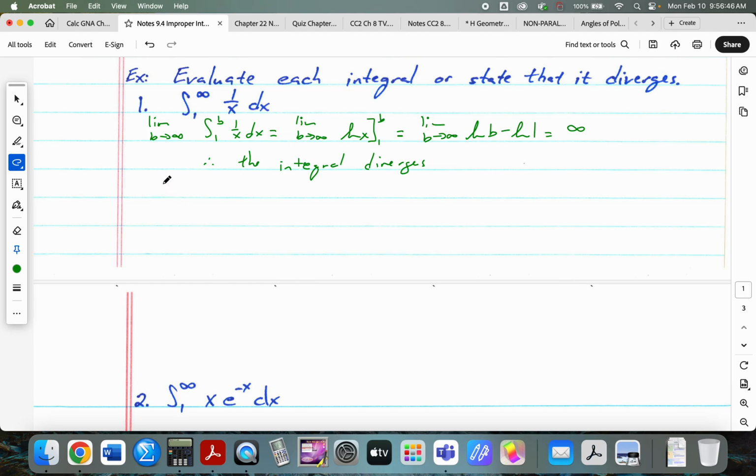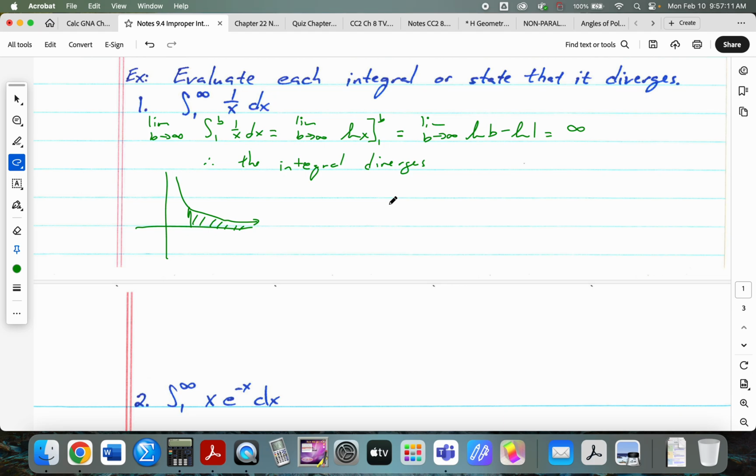And what's happening here is if we look at the graph of y equals 1 over x, it looks like this, and we're starting here at 1. Basically what's happening is, although that graph is getting smaller and smaller, it's not getting smaller fast enough.